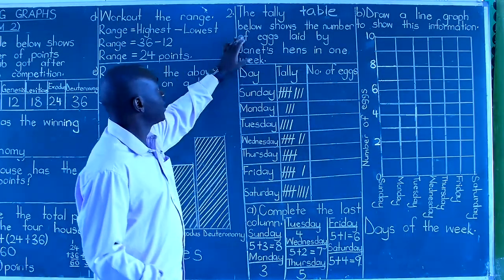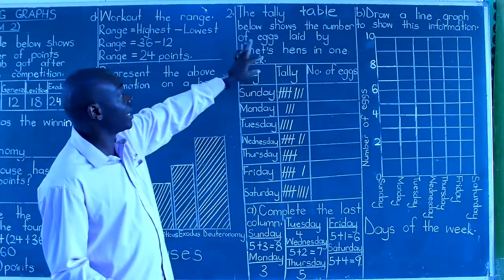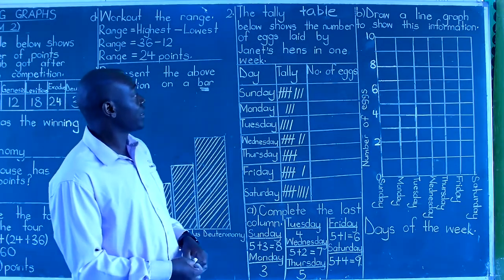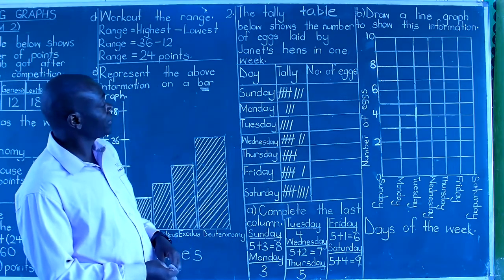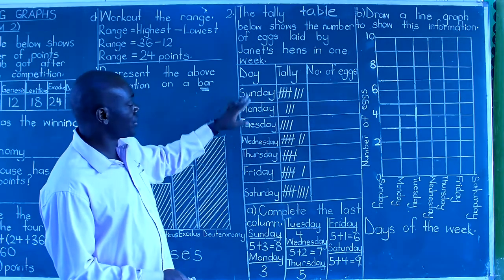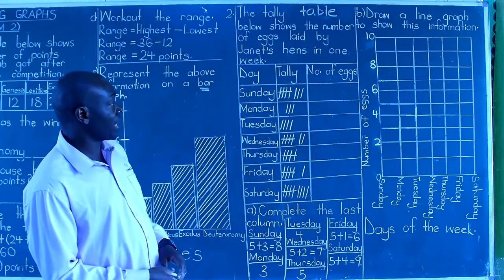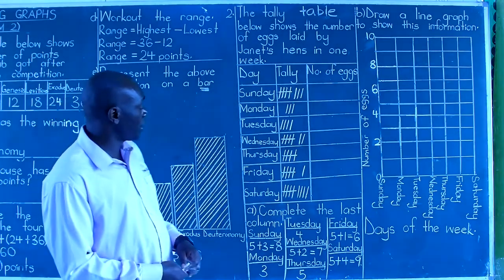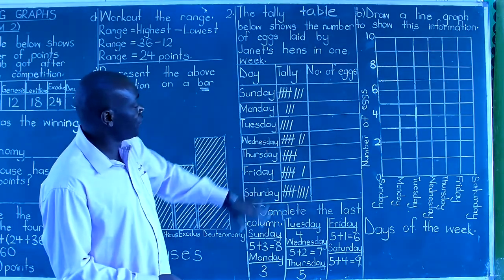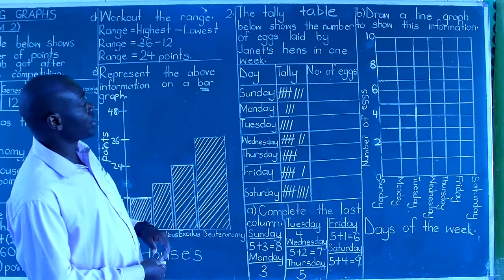Meaning Janet has got hens, that's poultry, and she records the number of eggs daily from Sunday all the way to Saturday. Remember, Sunday is the first day of the week and the last day is Saturday. So the information is given here, which information we use later to draw the promised line graph.